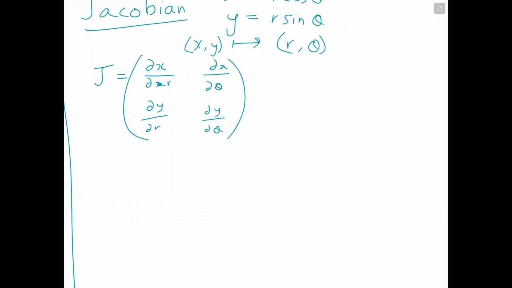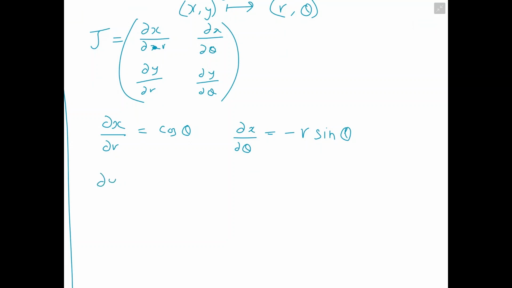So we know that x is r cos theta, so partial x partial r is cos theta, and partial x partial theta, well, that's the derivative of r cos theta, which is minus r sine theta.